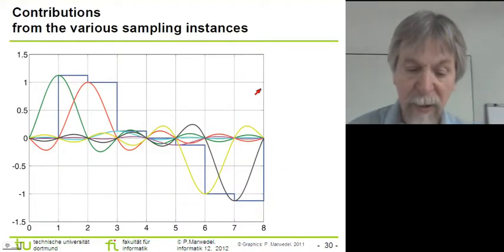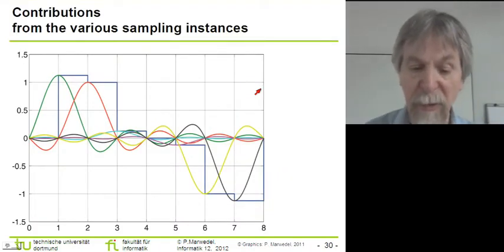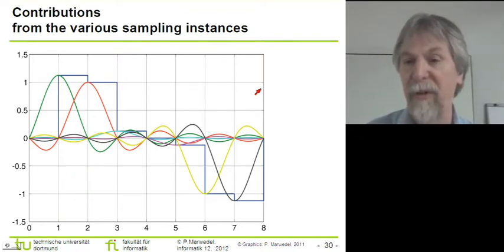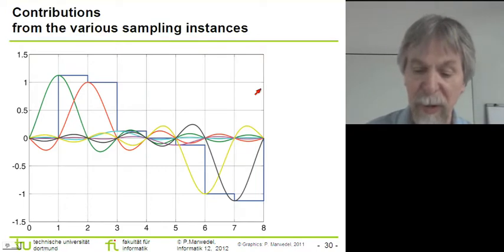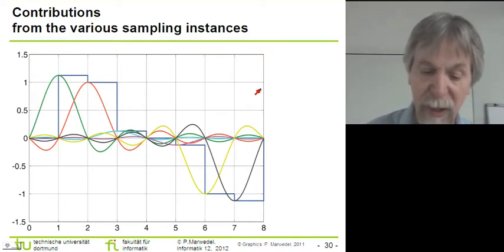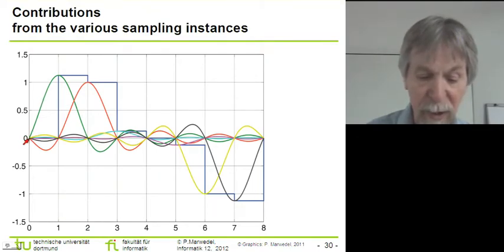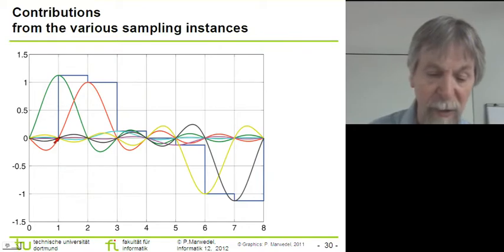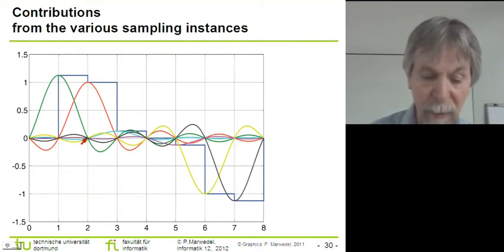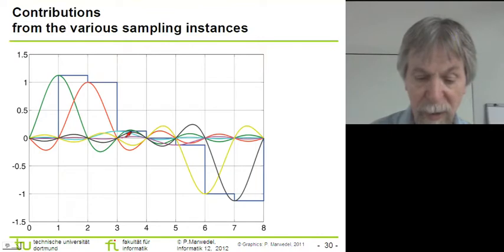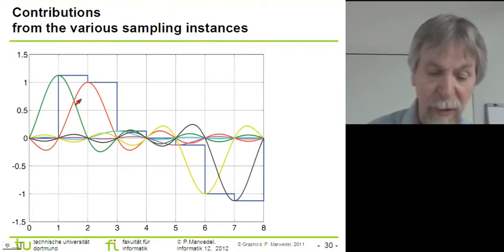Now let's look at the different contributions there for the sample that I've used so far, for the sample that I already started to use for the very first lecture linked to this chapter. For this particular sampling instance, we have a contribution which is displayed in green over here. Obviously, for the adjacent integer times, the contribution there is 0. We see again over here it's 0, but then in between there is a certain contribution.